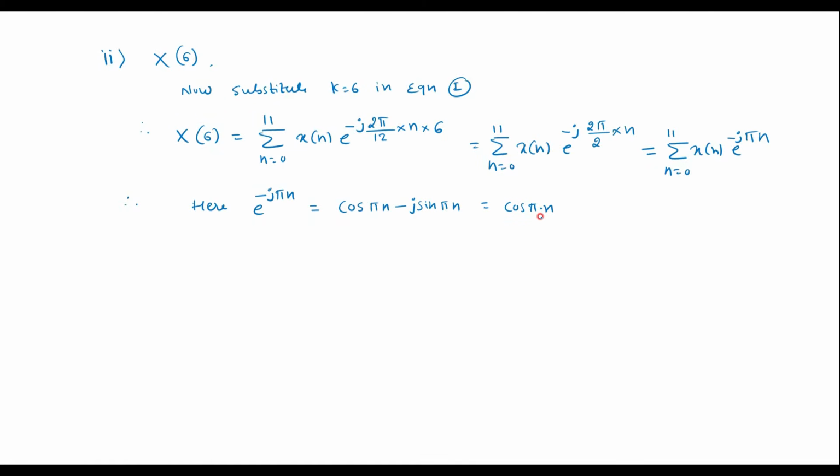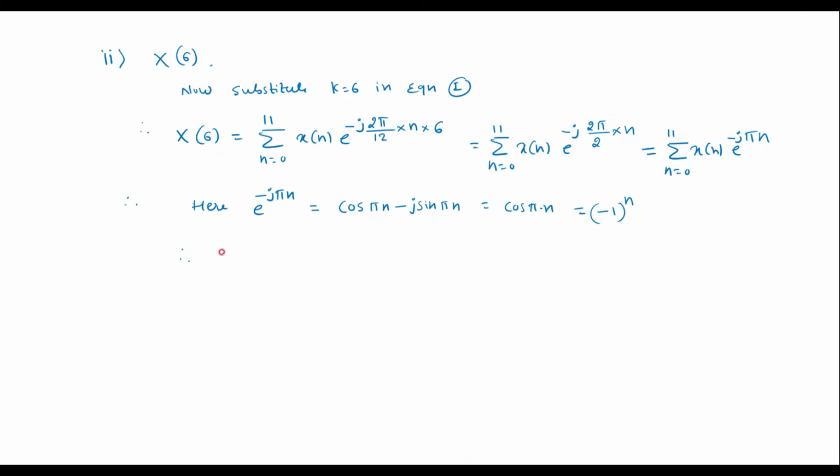If we take odd numbers, that is n equal to 1, it will be minus 1. If we take n equal to 3, it will be minus 1. So for all odd values of n, this function will be minus 1. So I can represent it as minus 1 power n. For even values of n it will be 1, and for odd values of n it will be minus 1.